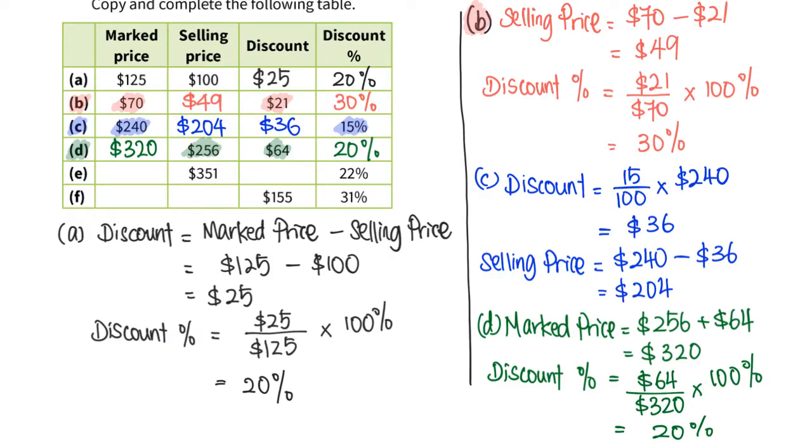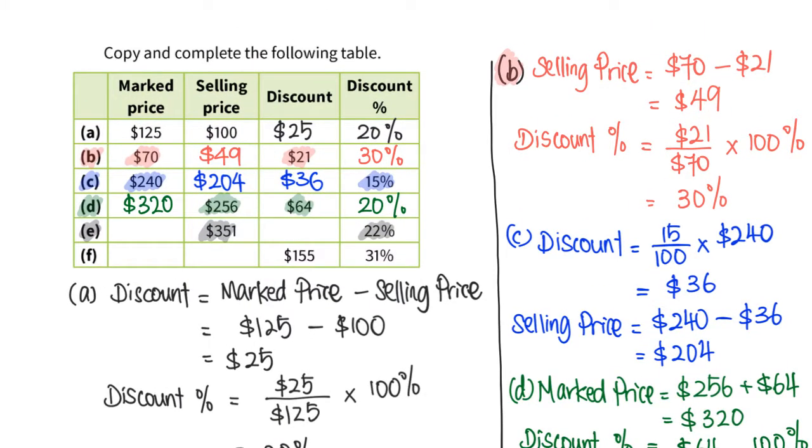Now we are given the selling price and the discount. Discount is 22%. At this point, I just wish to highlight that it is very important to take note that the mark price here represents 100%.